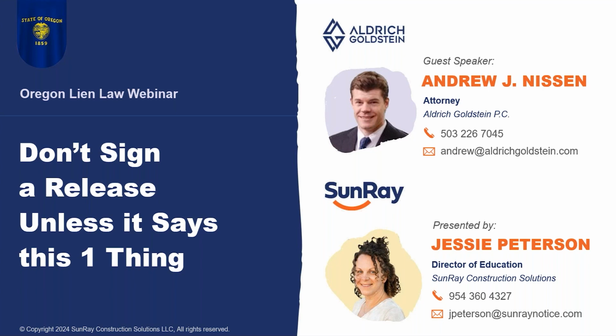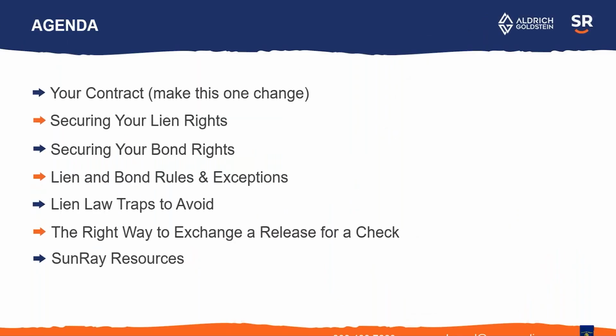So today, I've got a lot of slides, but I'm going to try to do more of an overview, and if you want to look back at the presentation later on the SunRay site, that is fine. In general, we're going to go over one simple change you may consider making to your contract, and then we'll talk about securing lien rights and bond rights.